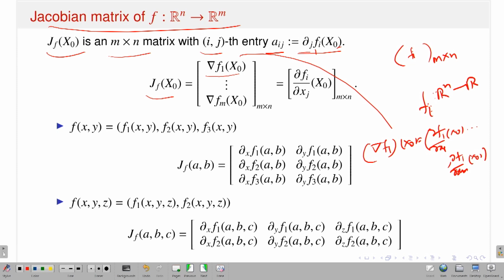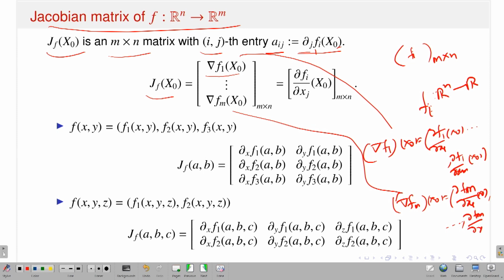And the last row is also n components: the gradient of fm at x naught, that is del fm del x1 at x naught, up to del fm del xn at x naught, because each component is a map from Rn to R.